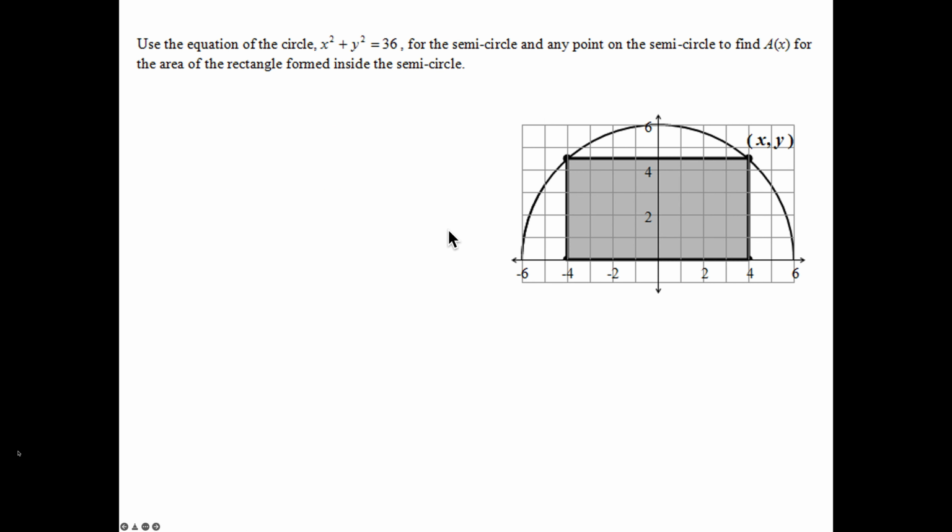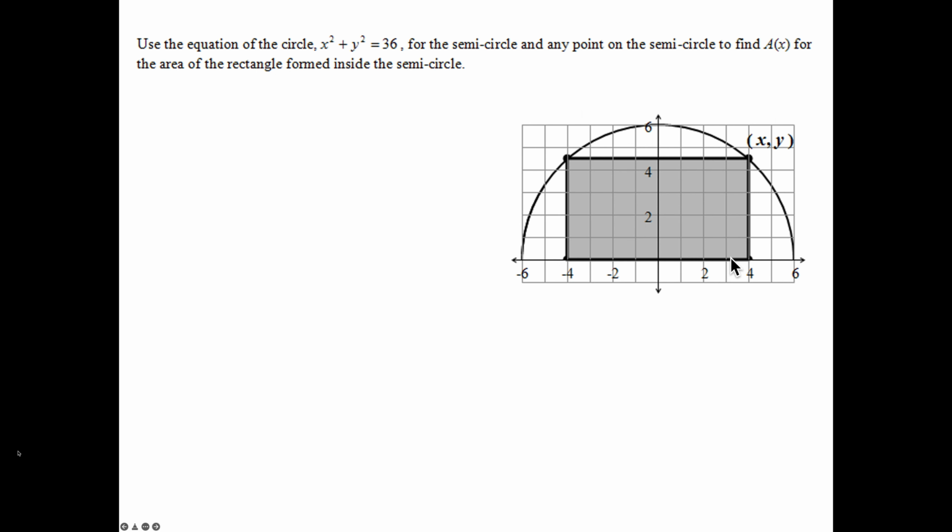All right, next example. Here we're going to use the equation of the circle x squared plus y squared equals 36, which represents this semicircle here. And for any point on this semicircle, we're going to find the area A of x for our rectangle on the inside of our semicircle.